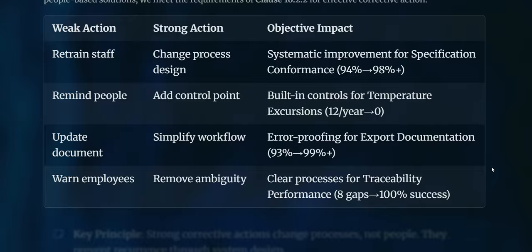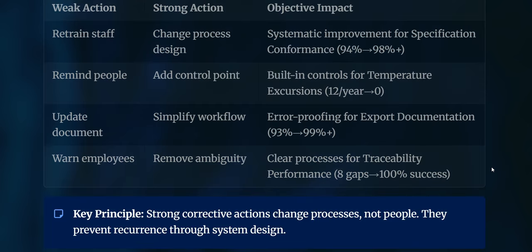The objective impacted with such action is clear processes for traceability performance, which we are aiming for 100% success. The key principle for such actions is that strong corrective actions change processes, not people. They prevent recurrence through system design.